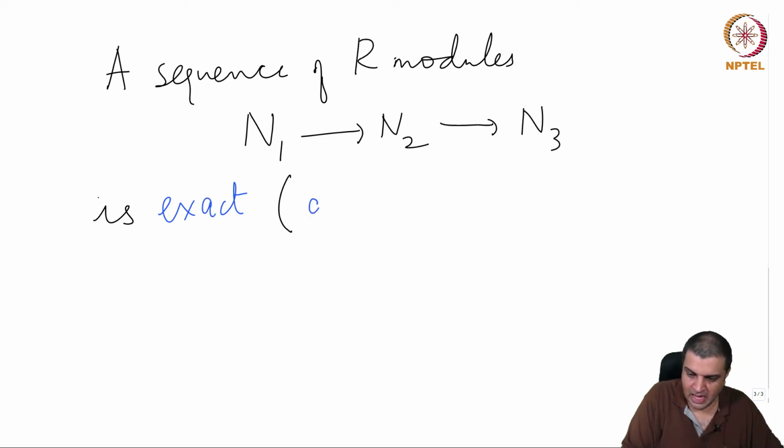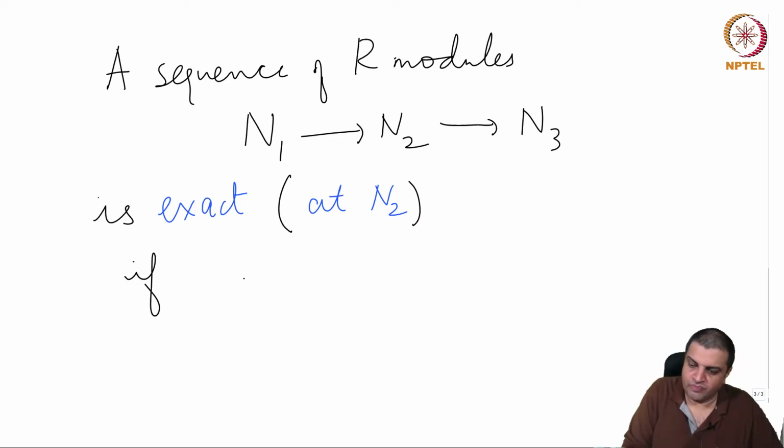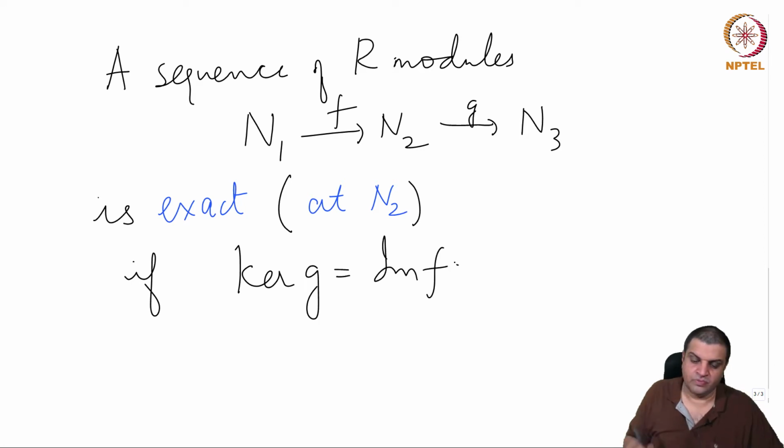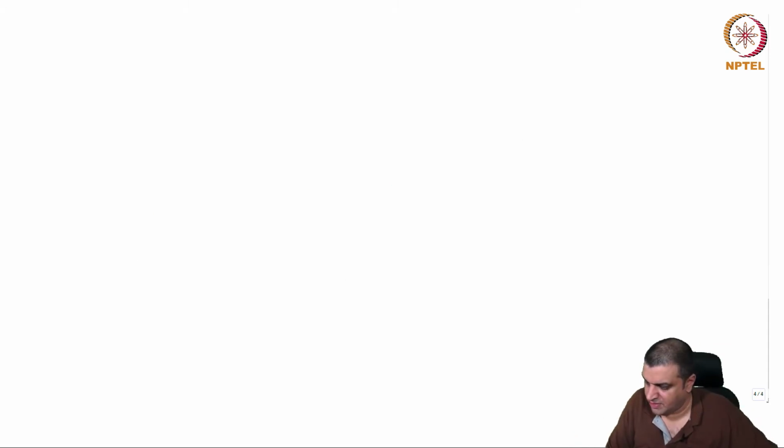One cannot talk about exactness at the ends. Call this map F and call this G. It is exact if kernel of G is image of F.